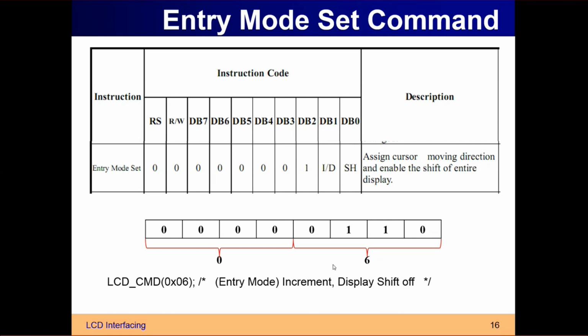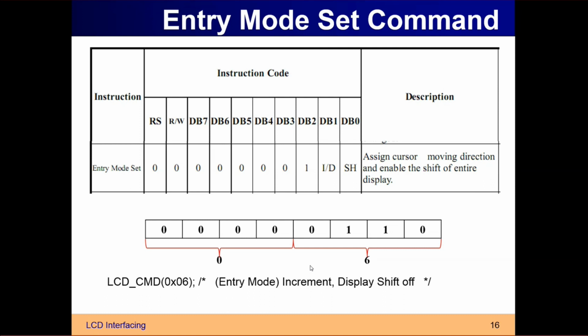Here I am configuring cursor increment, so what should this value be, 1 or 0? 1, because you need to have increment. Then display shift on or off: off. That means this bit should be 0. So the value is 0, 0, 0, 0, 1, 1, 0. That is 0x06.